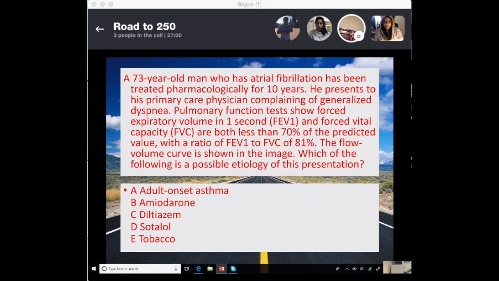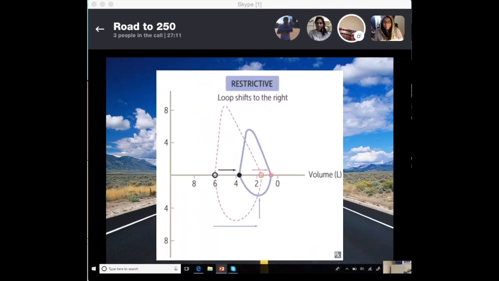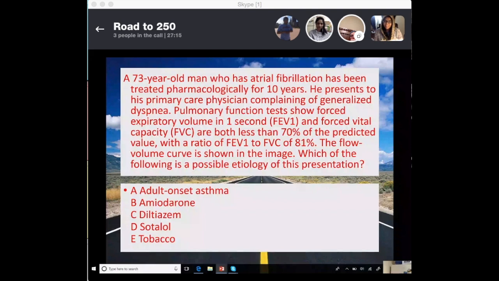The flow volume curve is shown in the image, which is not here. Which of the following is a possible etiology of this presentation?